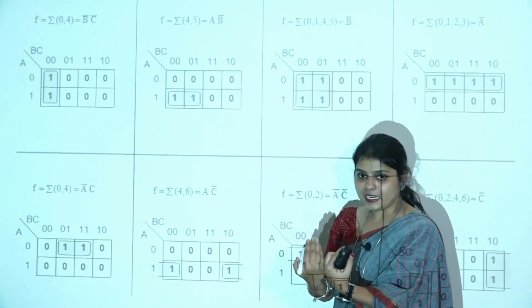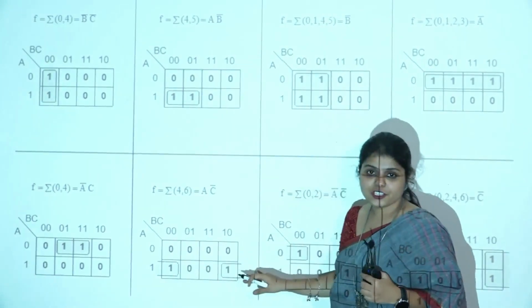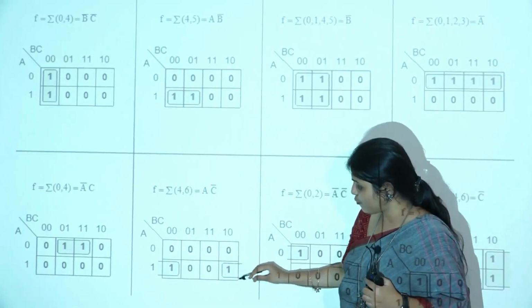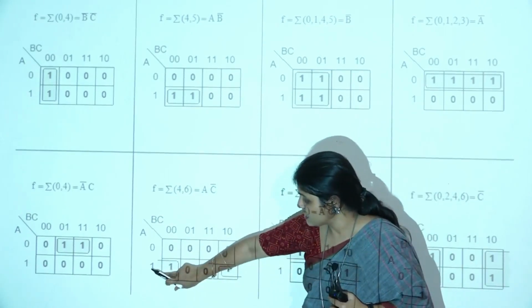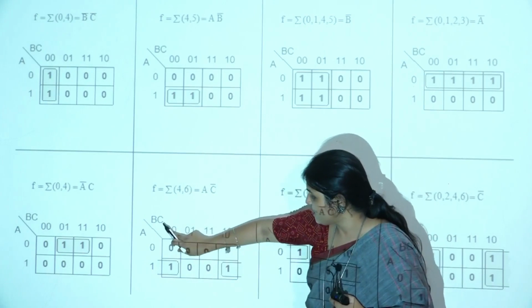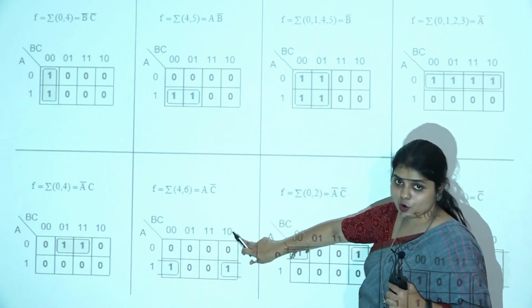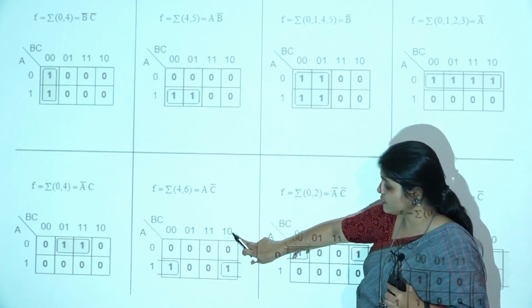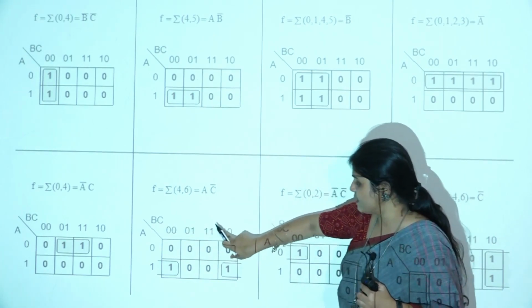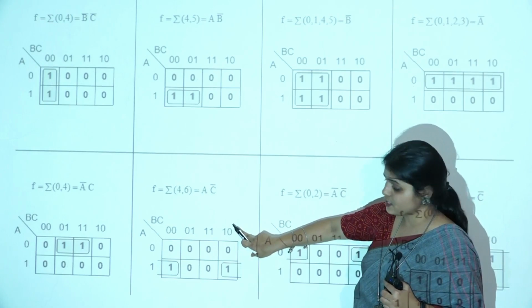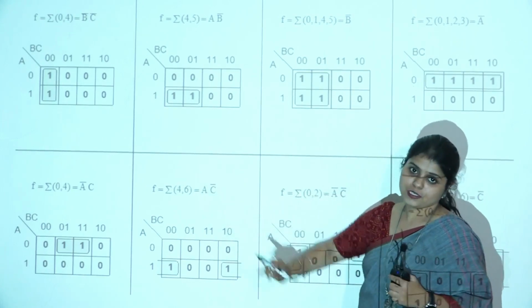When you fold it like this, they are adjacent. So, I go for grouping of 4 and 6 this way. Now, what would be the expression for this? A is the only term, so I will take A. But when you look into 0, 0 and 1, 0, the B term gets cancelled and C will be taken as C bar because both of them are zeros. So, A into C bar.